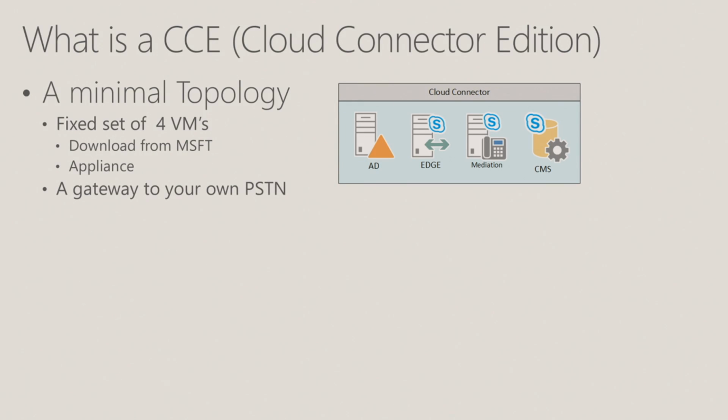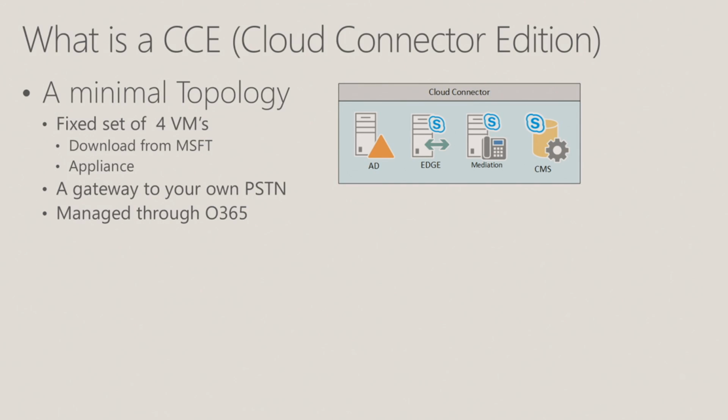I think you should consider the Cloud Connector Edition not as a set of servers, but think of it as a gateway to your local PSTN, okay? It is managed through Office 365. It's not like an on-premises installation where you log on, do a lot of PowerShell, do a lot of configuration.